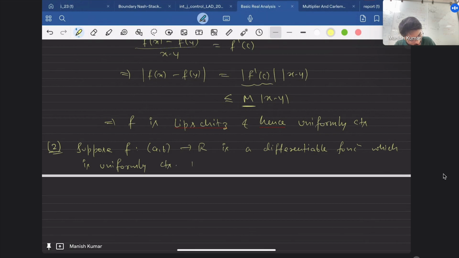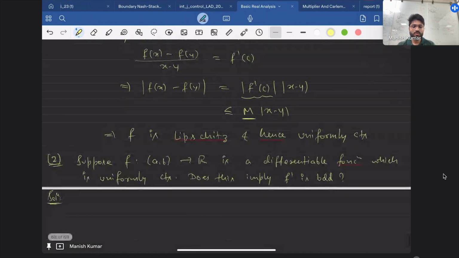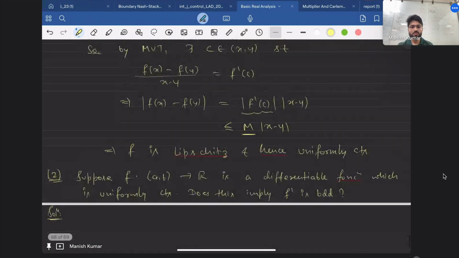So does this imply f prime is bounded? So we said that if its derivative is bounded, we know it's uniformly continuous. So what about the converse?